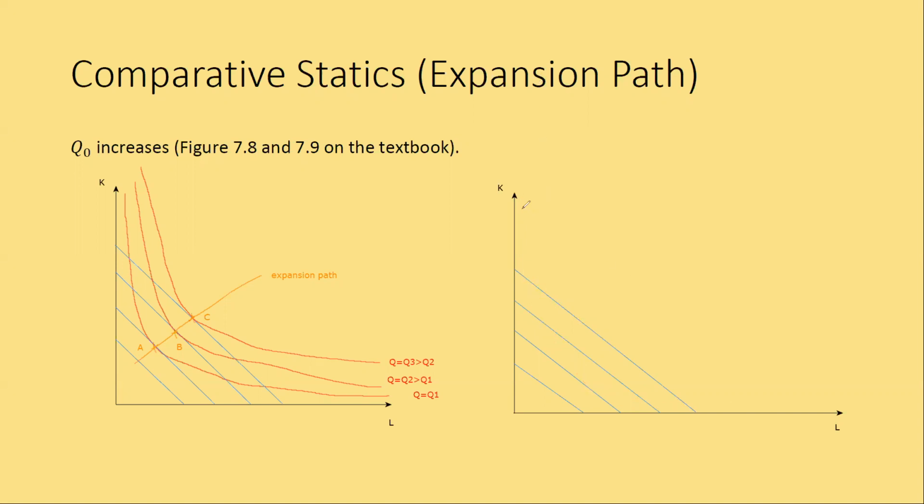Okay, this is fine. So the production function may take a form such that the isoquants look like what I'm drawing right now.